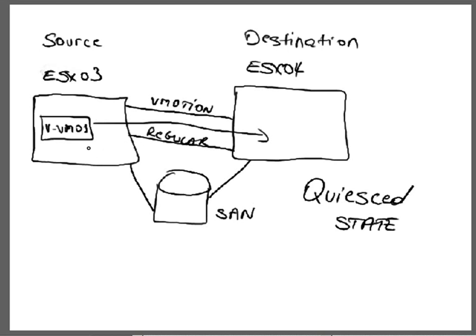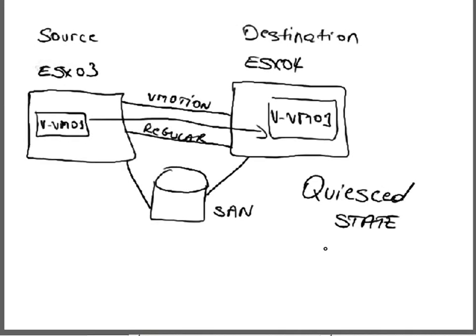So that memory bitmap and the VM device state are the two remaining things that need to be migrated from the source host to the destination before the virtual machine is completely migrated to the new destination host.